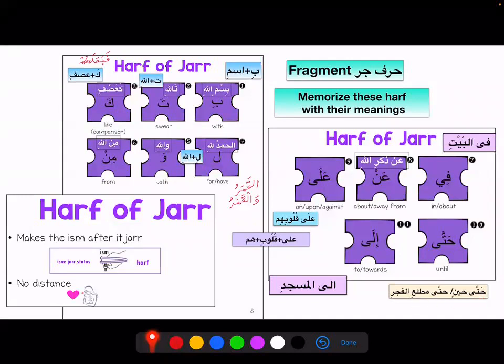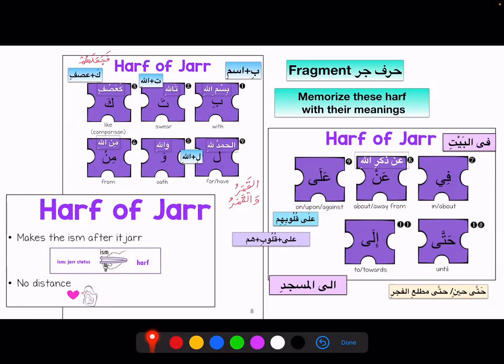And these are the two instances we can see hatta coming as a harfu jar. What are they? Hatta hin. So hinin, you see that this is jar in status. So again, how are we going to recognize them? After hatta, if you see an ism jar in status, easy, this is harfu jar. Otherwise, it is something else.